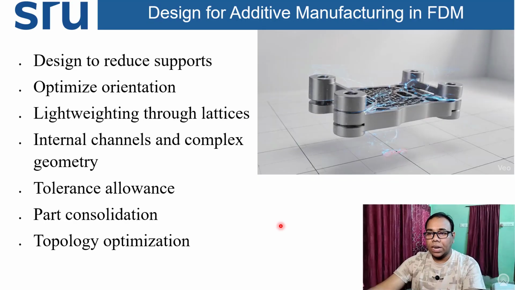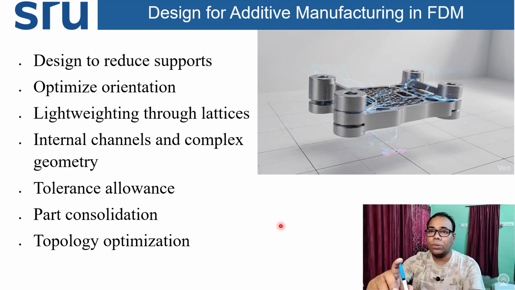Now coming to the design for additive manufacturing, as I was discussing about the part orientation. As we know, our customer will require only a very good quality product. So for that, as a shop supervisor or engineer, you have to make sure that the customer receives a good quality product.